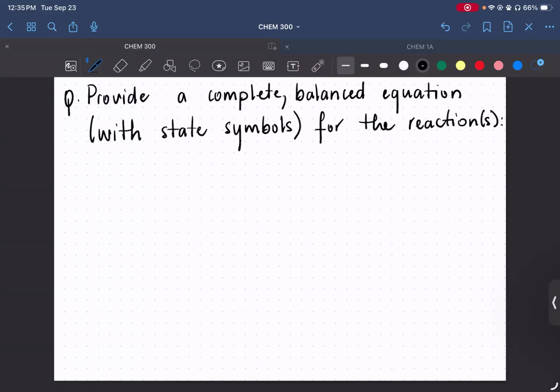You can expect this instruction to be pretty much the exact same on your exam: provide a complete balanced equation with state symbols.